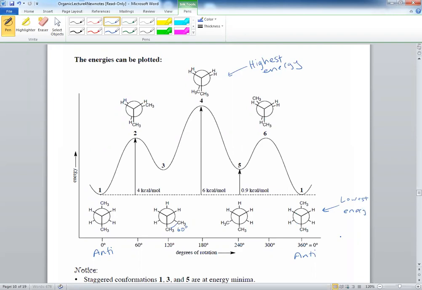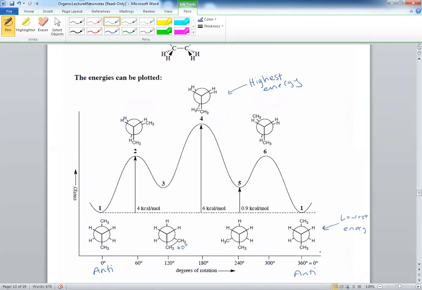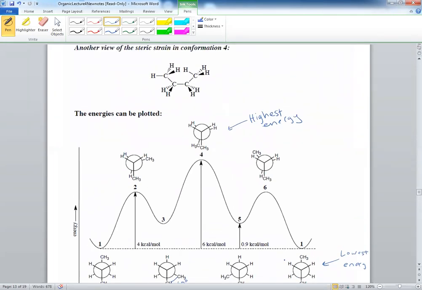So one last thing to say here about that is that if you look up right here, here's why this eclipsed one right there is the worst conformation in terms of energy. If you notice here, these two methyl groups, look how close those hydrogens are.